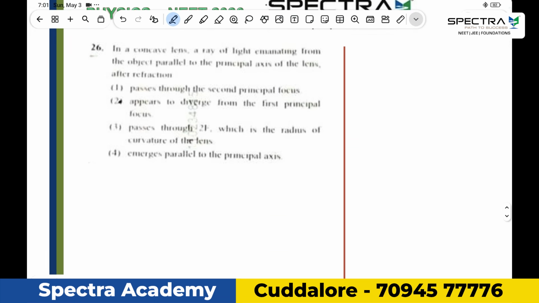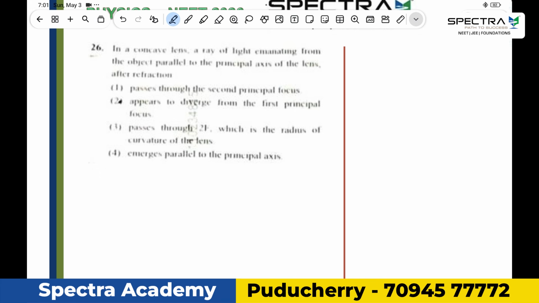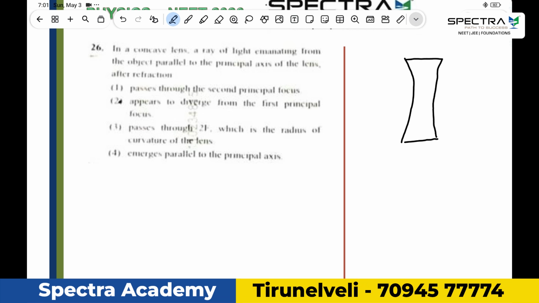Now coming to question number 26. In a concave lens, a ray of light emanating from the object parallel to the principal axis of the lens, after refraction... It's a concave lens.